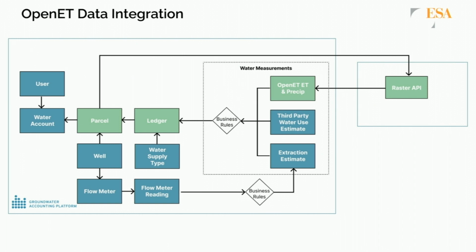Okay, so this is more of a conceptual data model of how we integrate with OpenET. Right now, we are using the raster API, specifically the time series metadata endpoints, and we pull them in. We typically make two calls, one for ET and one for precip, and I think for all of them we use the ensemble model.